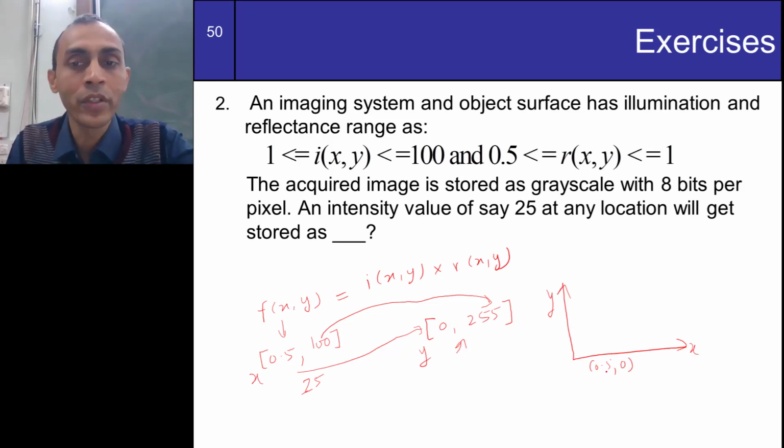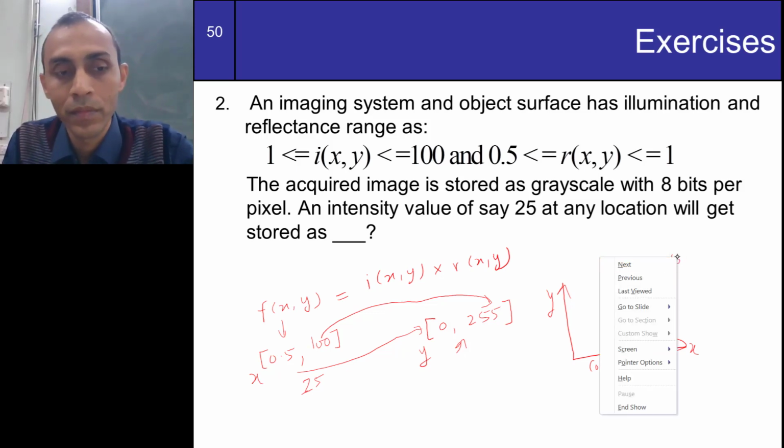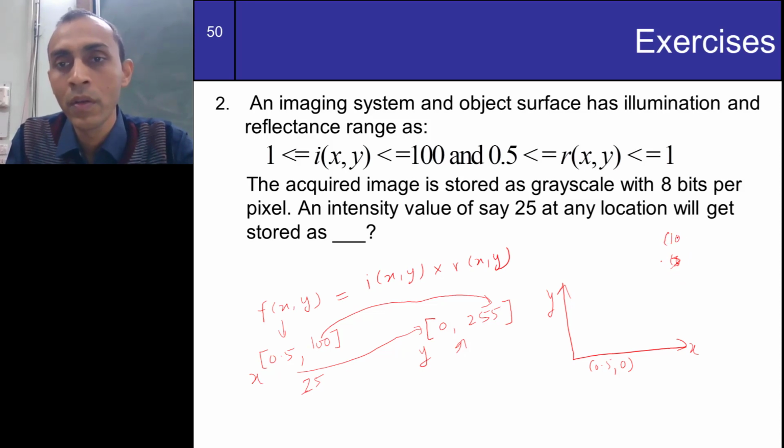So 0.5 should get mapped to 0, whereas 100 should get mapped to 255.